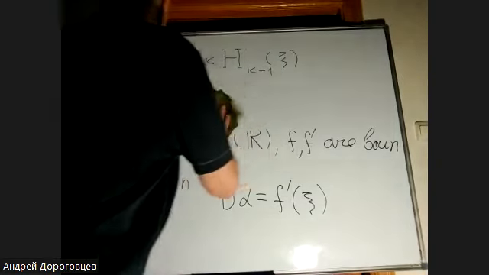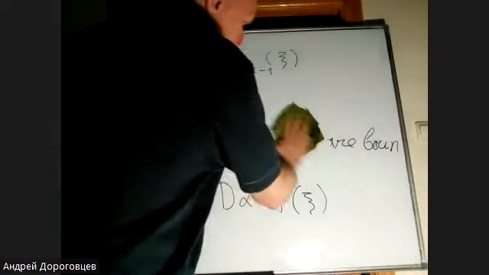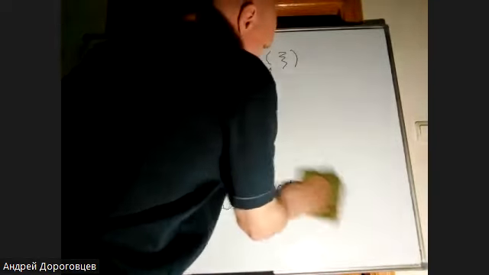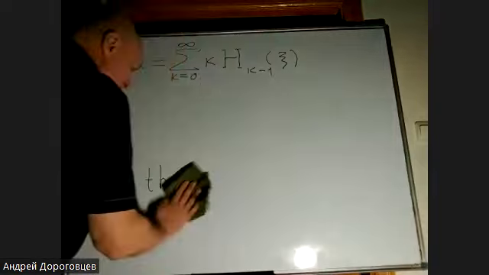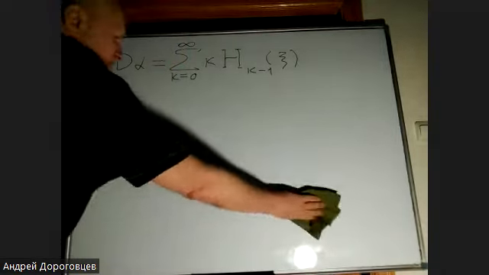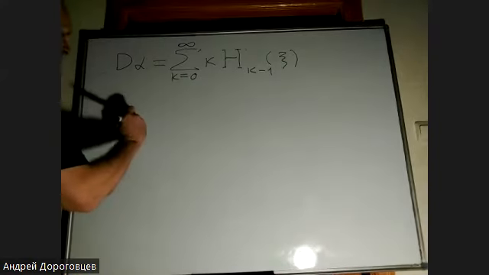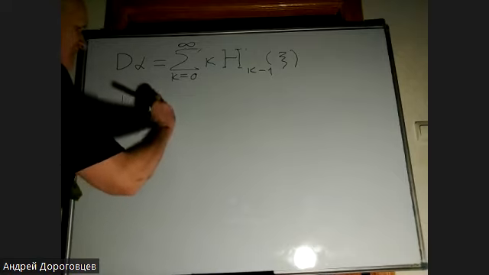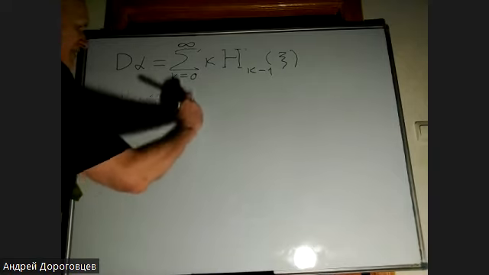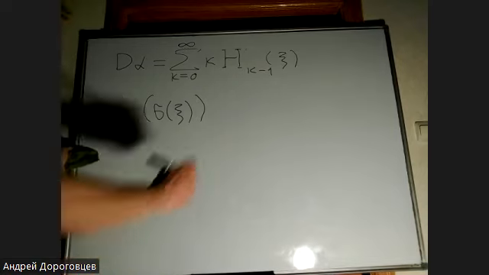I will give a characterization of the stochastic derivative from the point of view of functional analysis. Namely, let us consider this space L2 of sigma(psi) as a Hilbert space. It is a separable Hilbert space.